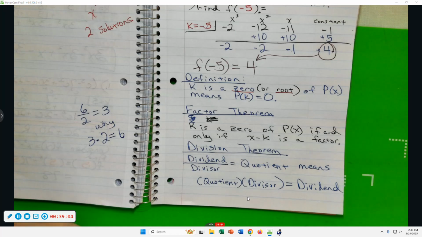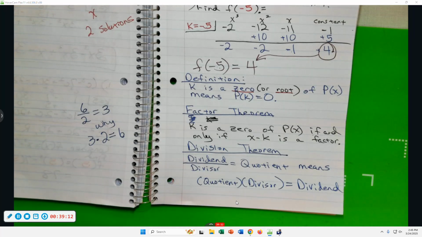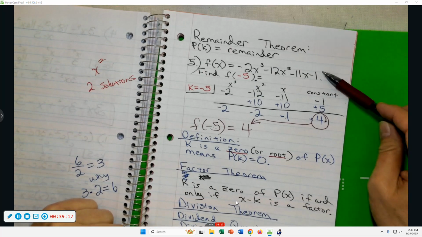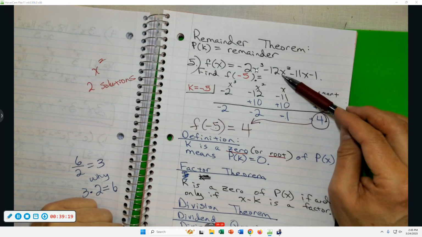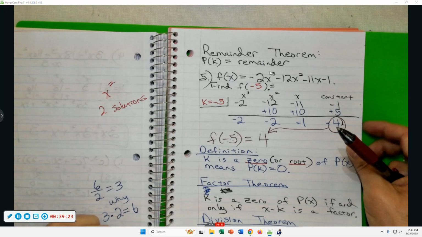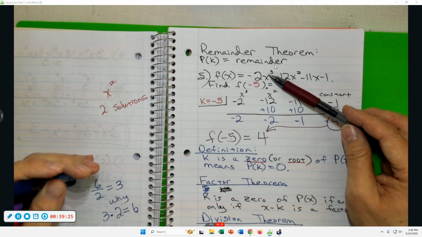Any questions so far? Our goal at this point is to take things like number 5. Do y'all agree? We haven't factored anything. The stuff we've factored has been quadratic. We haven't factored any cubics, have we?